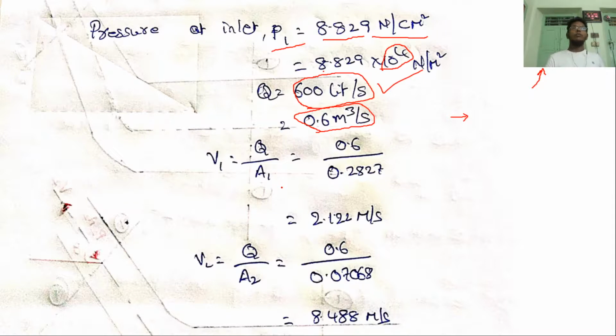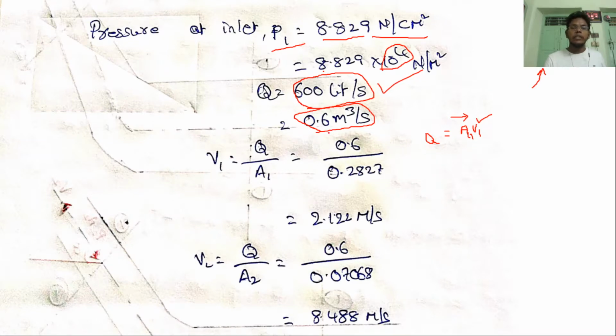We have the continuity equation, Q equal to A V. Here we have one inlet and one outlet, so Q equals A1 V1. The unknown value is v1, so v1 is equal to Q divided by A1.